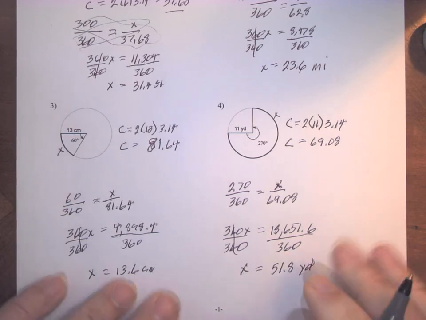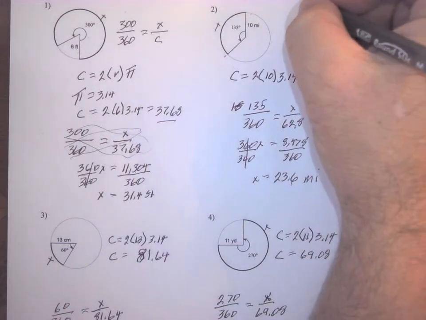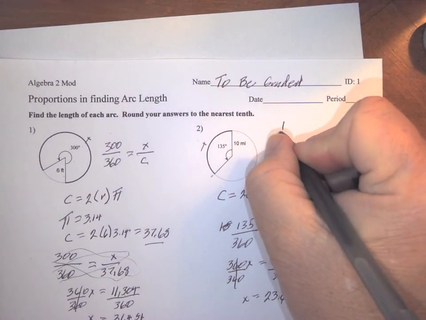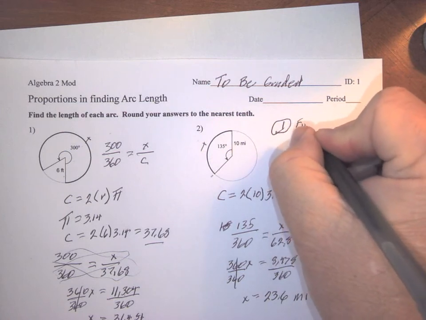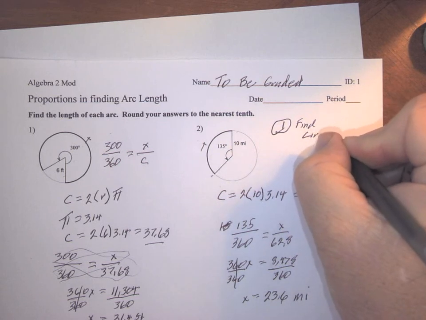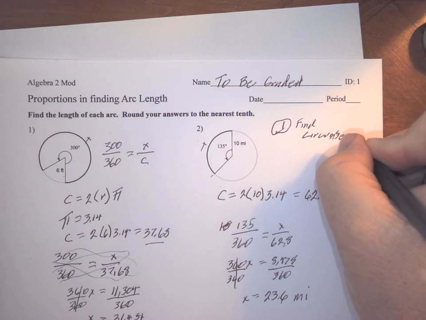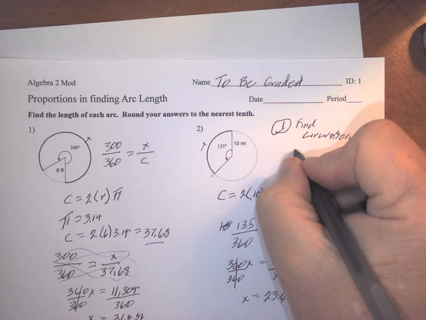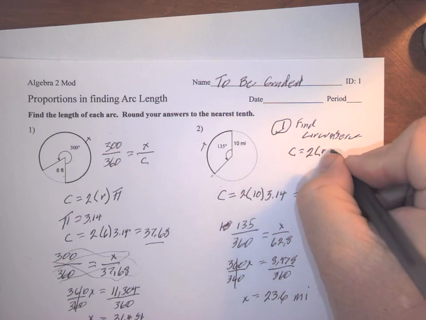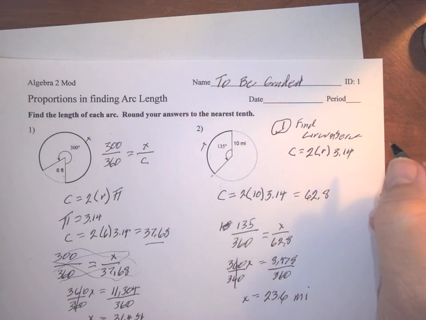All right, let's make sure we're all in agreement here. Step 1, find the circumference. And that is circumference is equal to 2 times the radius times 3.14, which is what we're using for pi.